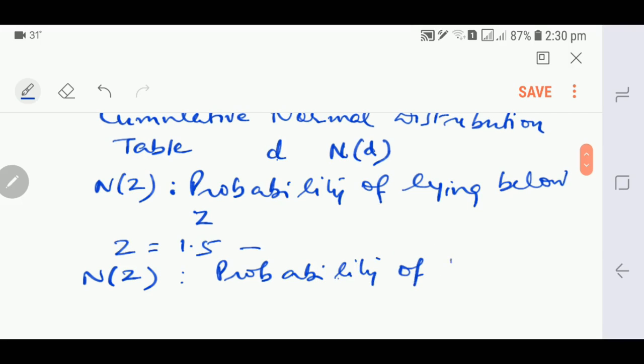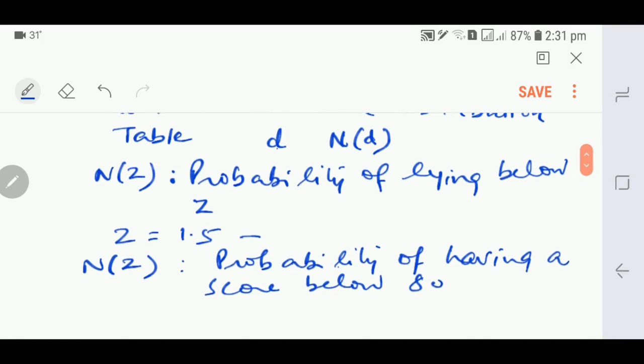of having a score below 80. Why having a score below 80? Because 1.5 standard deviations corresponds with 80 marks.